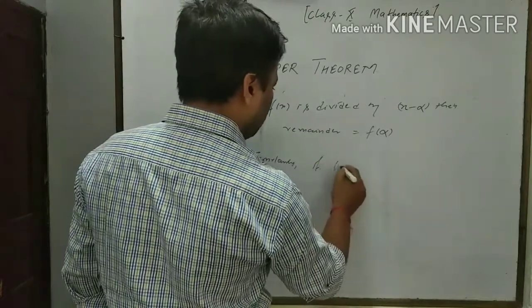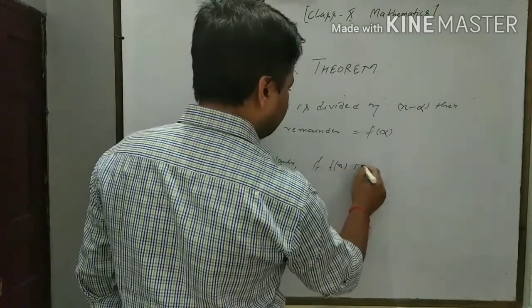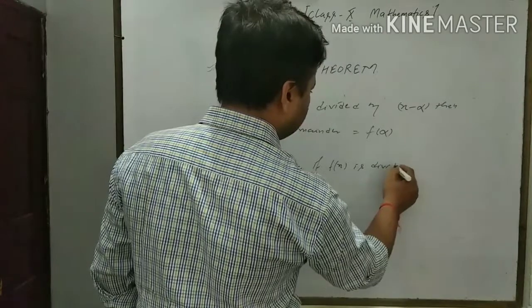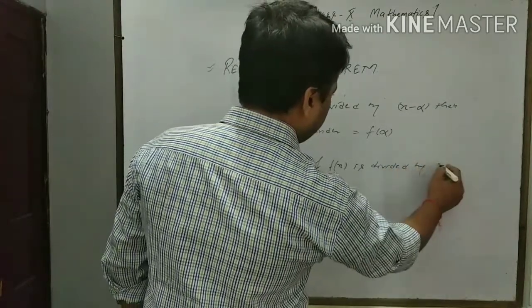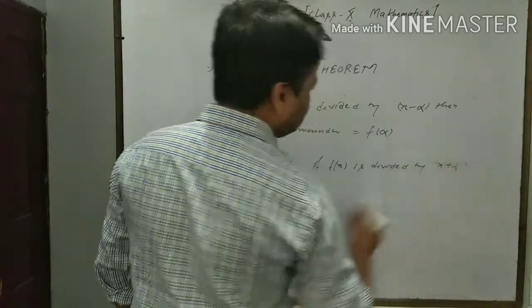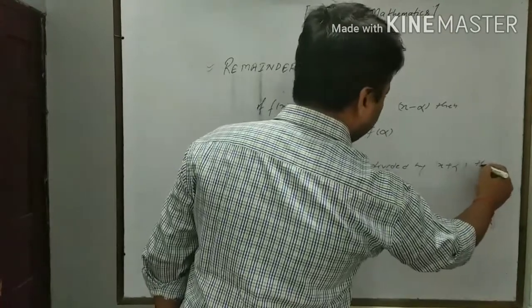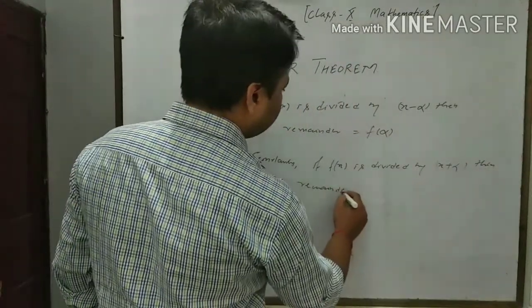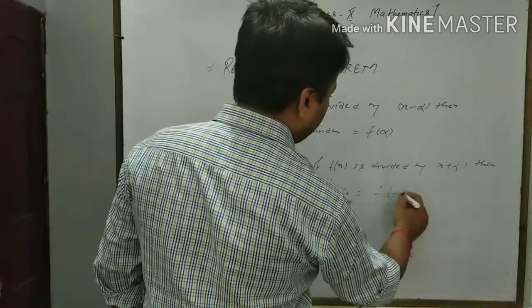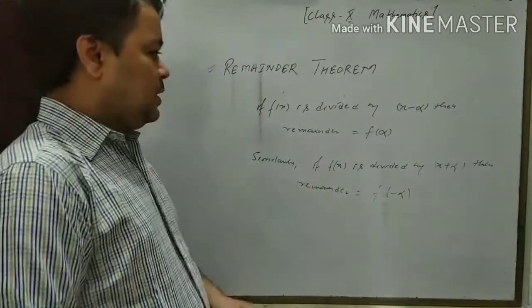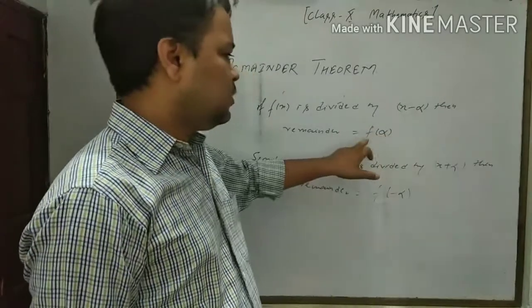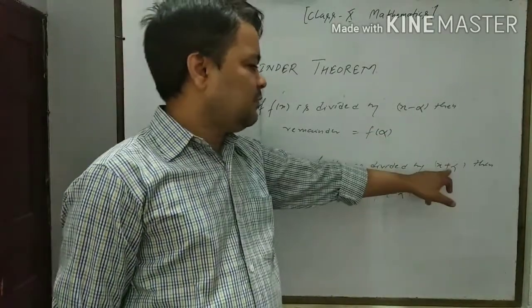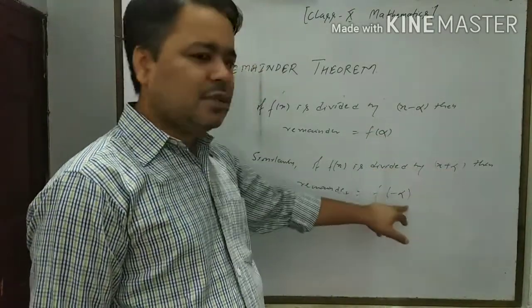Similarly, if a polynomial f(x) is divided by x plus alpha, then the remainder is equal to f(minus alpha). With the minus sign it was f(alpha), and with the plus sign it will be f(minus alpha).